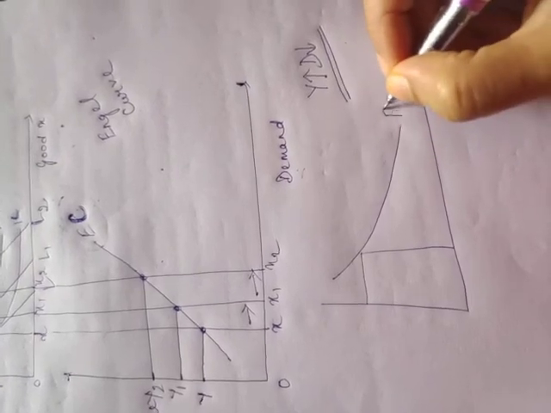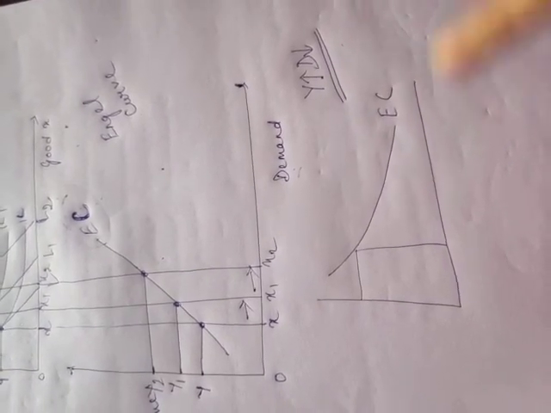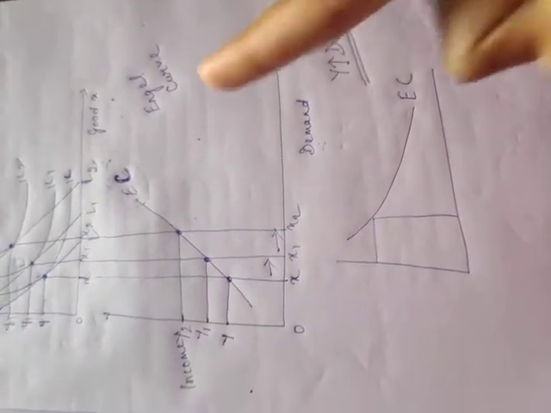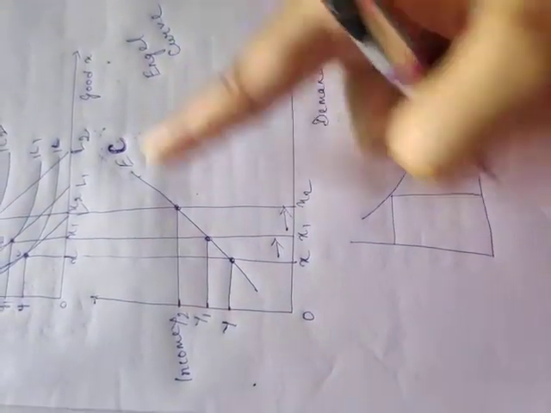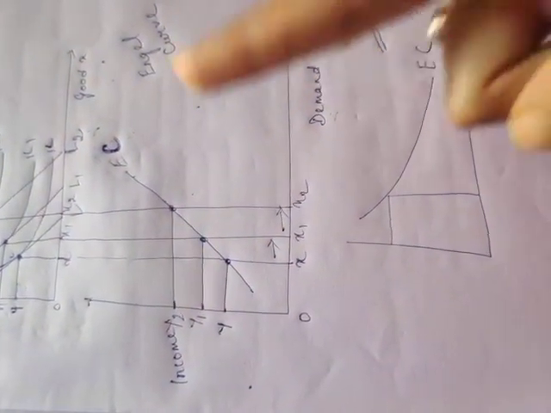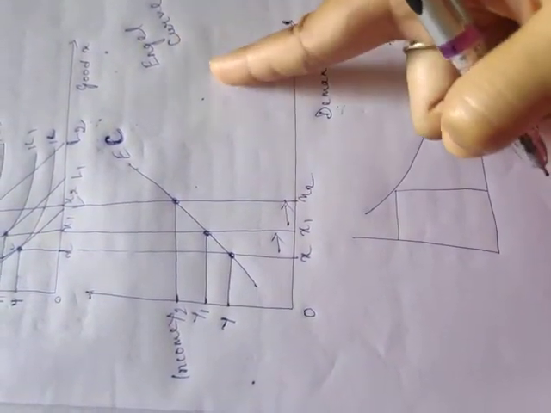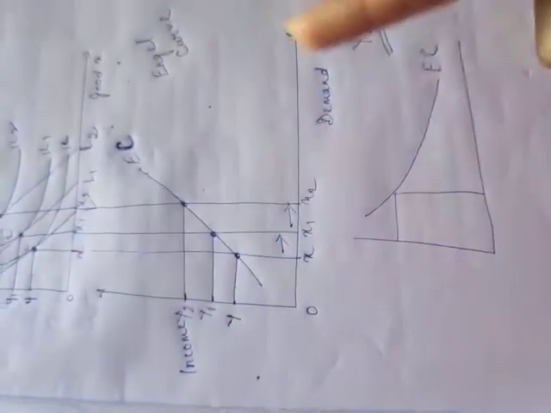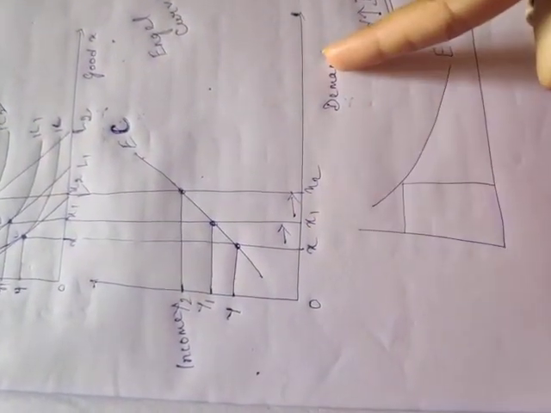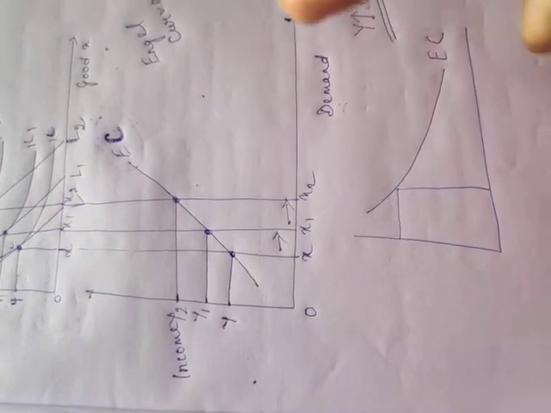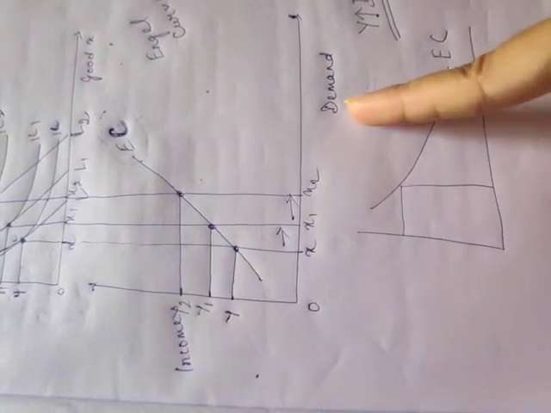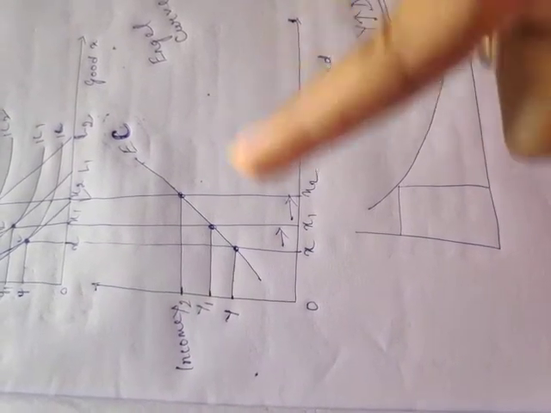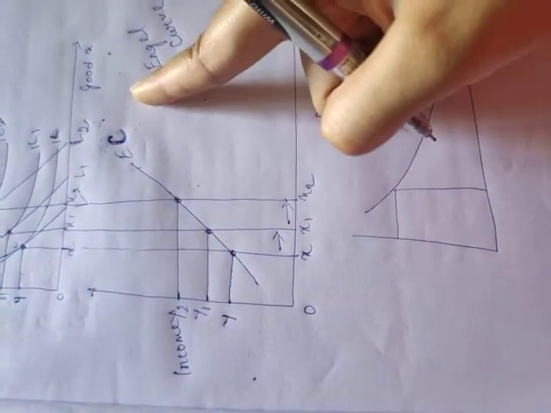So Engel curve for an inferior good is a downward sloping line, and Engel curve for a normal good is an upward sloping line. Reason is Engel curve shows the relationship between income and demand, and if it is a normal good, then with the increase in income, demand for that commodity also increases, and since there exists a direct relationship between income and demand of that commodity, that is why Engel curve is an upward sloping line.